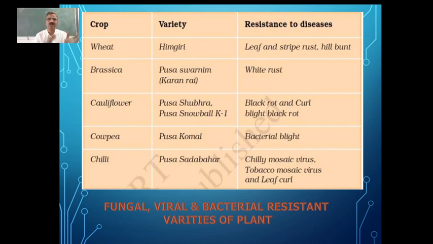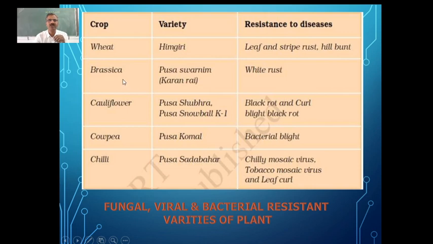Just now in the last class we have seen how wheat is affected by leaf and stripe rust and also hill bunt disease. So we have a variety which has been developed here, which we call the Himagiri variety, and this particular table is very important from the point of view of your NEET examinations, where they have asked different examples for resistance against a specific disease.